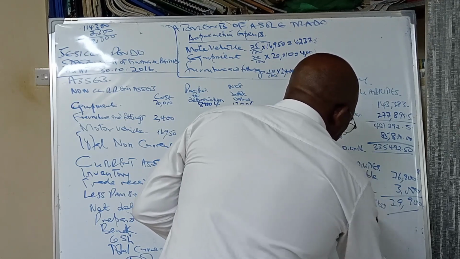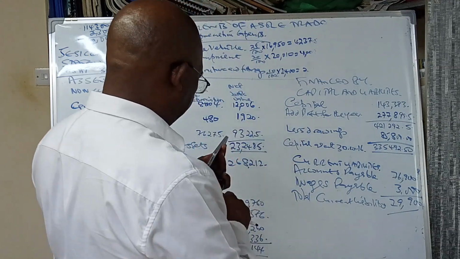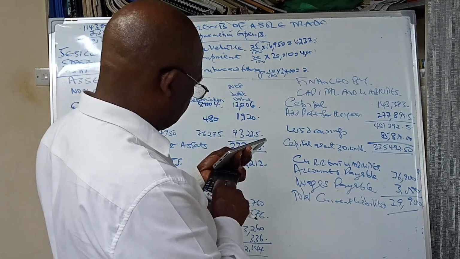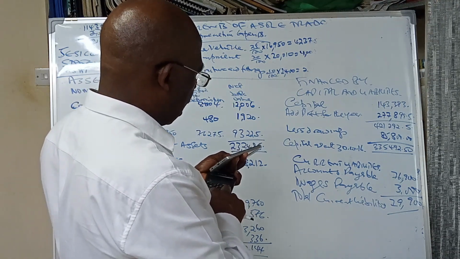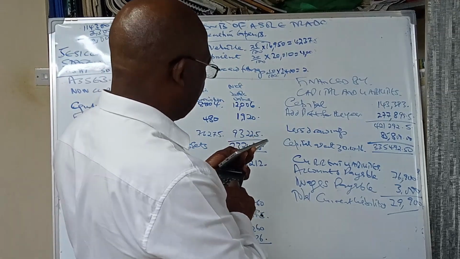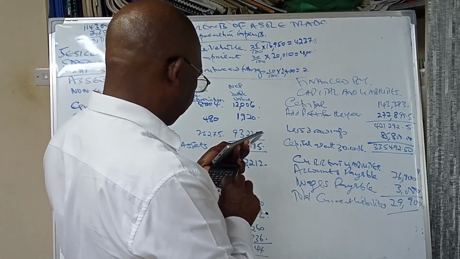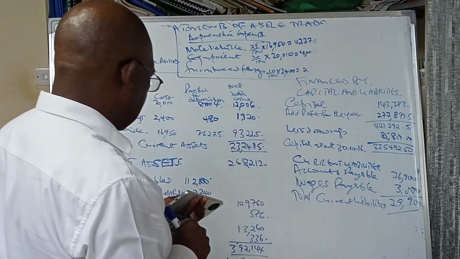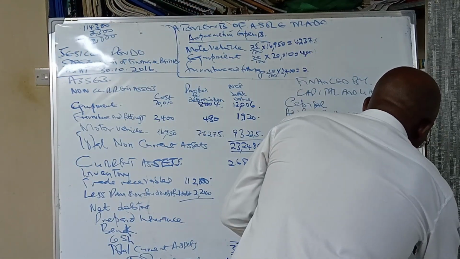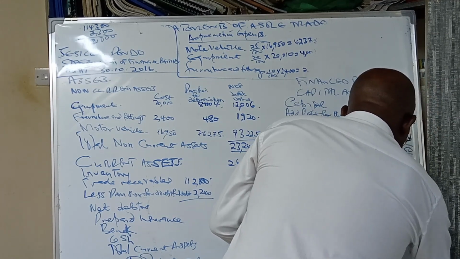Now, we get the total current liabilities and we add capital and liabilities to get the total capital and liabilities. So 79,900 plus 335,492.5, we get 415,392.5.